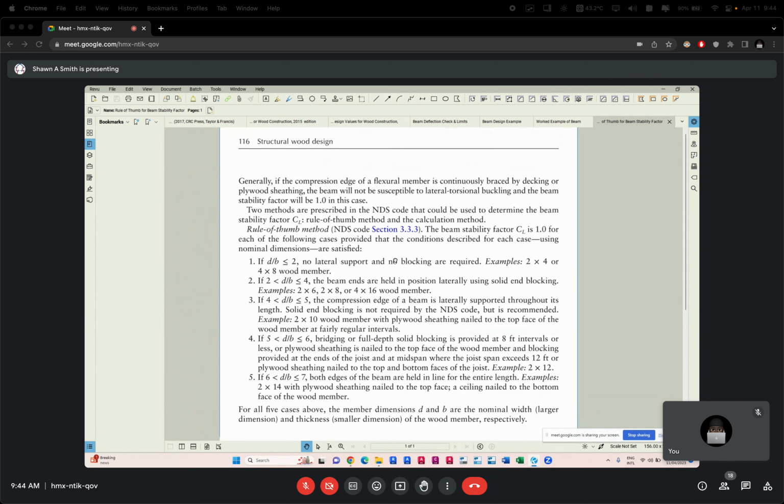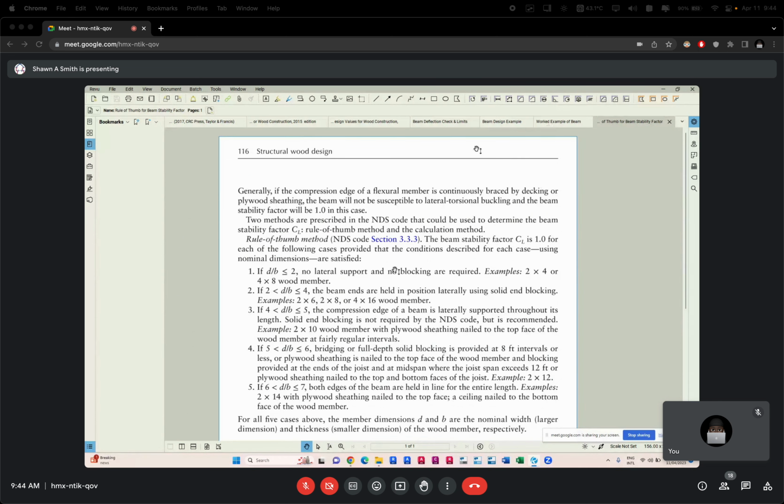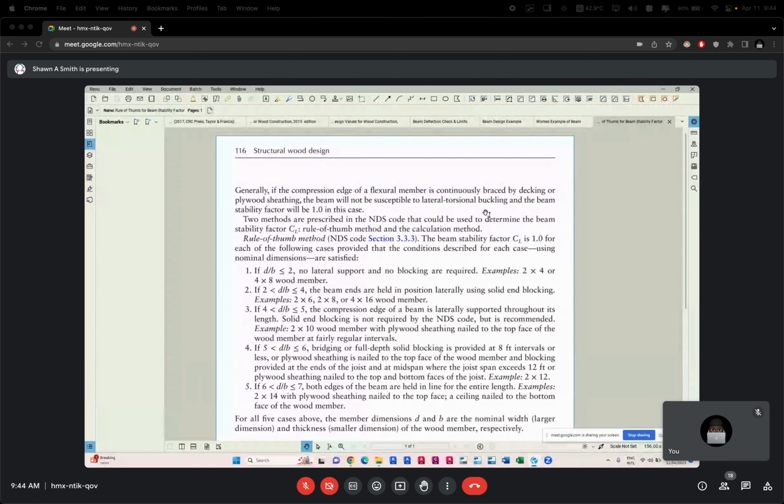But before we actually get into columns and deflection, I thought it useful to extract this page that I have up on screen right now.